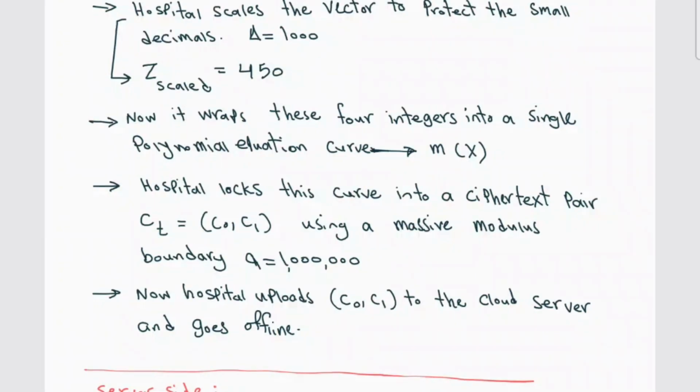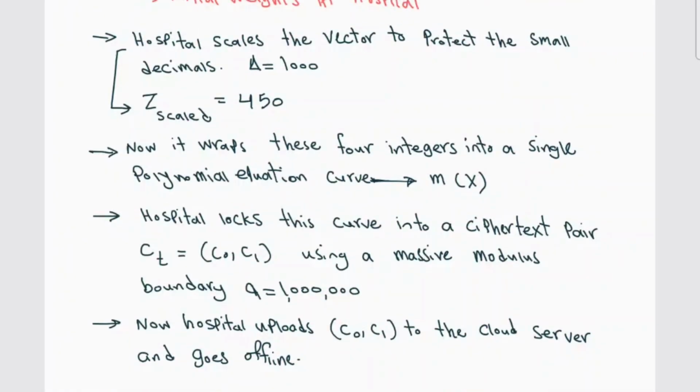Again, I make it extremely simplified. The hospital is sending a weight equal to 0.45, and there might be other information too. For example, it can also be W2, W3, W4, but I discard them. Of course, this is the same process.